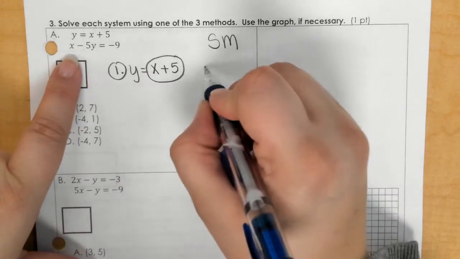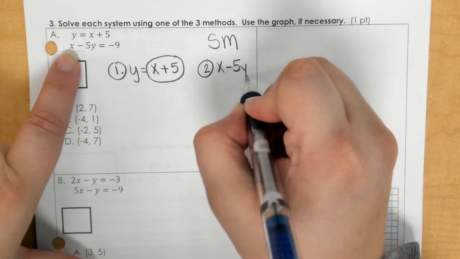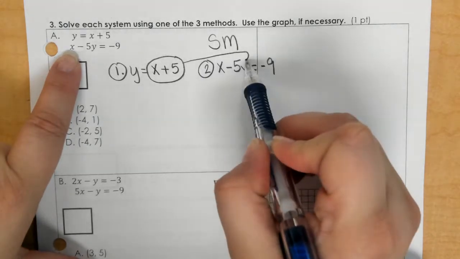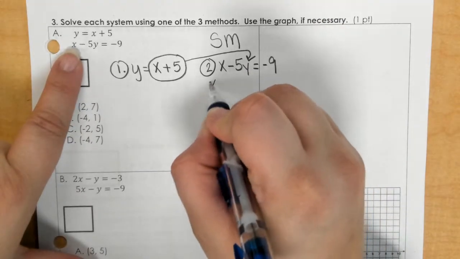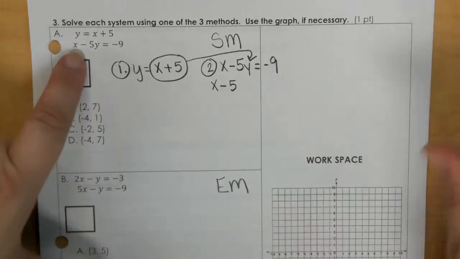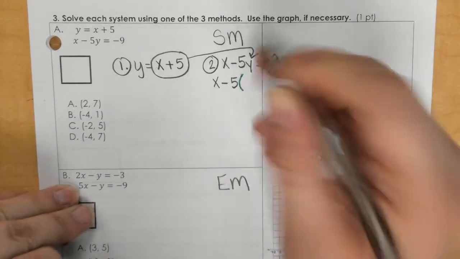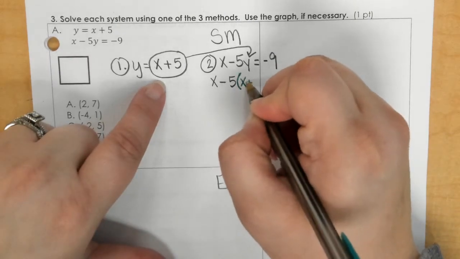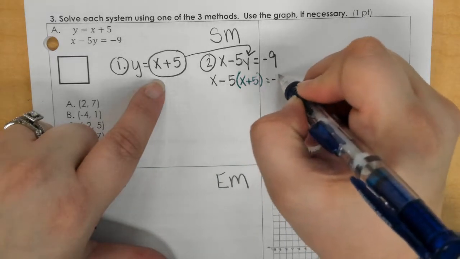So in step 2, I use the other equation, and I plug this into y. So I have negative 5x minus 5, but then in parentheses, I have x plus 5, equals negative 9.